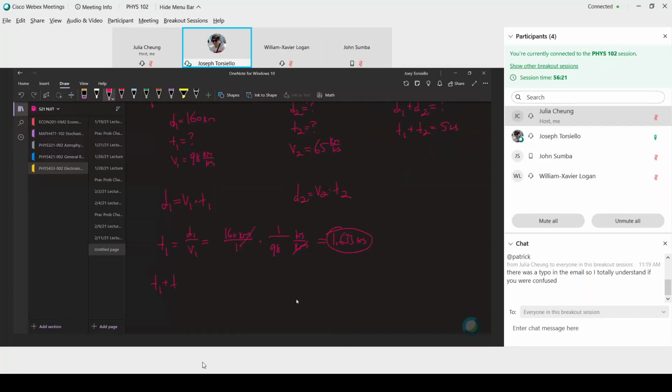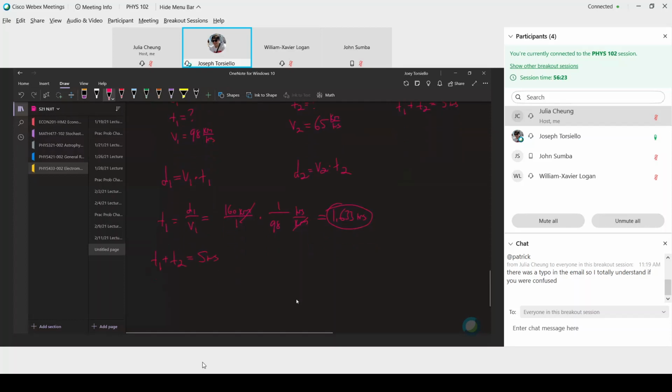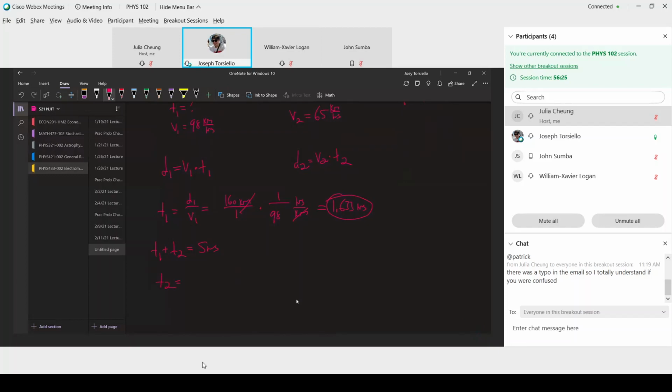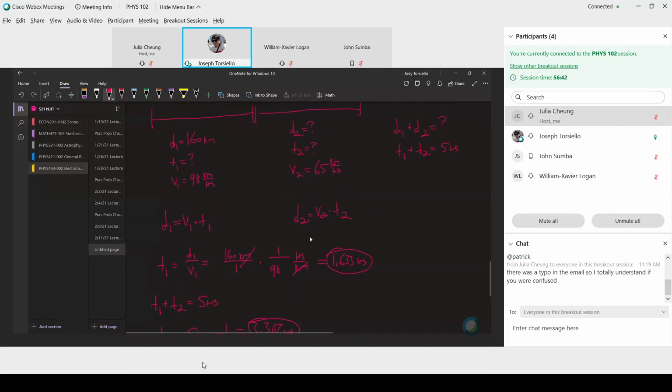T1 plus T2 equals 5 hours. So T2 equals 5 hours minus T1, which we just found. If you do the algebra, you subtract and get about 3.367 hours. Bam. And with that, we can finally get D2.